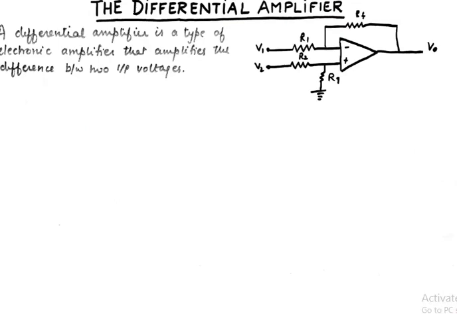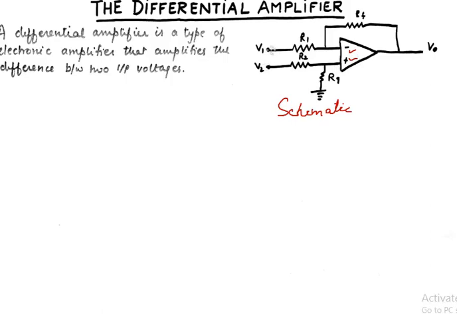By definition, a differential amplifier is a type of electronic amplifier that amplifies the difference between the two input voltages. So this is going to be the schematic diagram of a differential amplifier. We have two inputs. This input is known as the inverting input and this input is known as the non-inverting input.